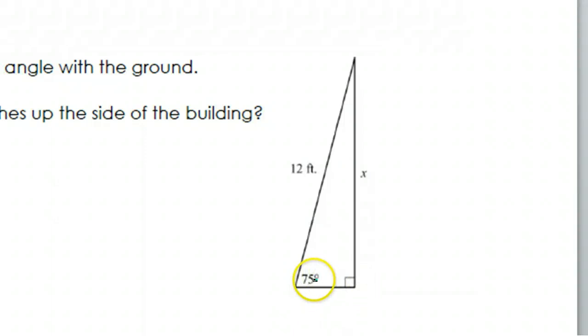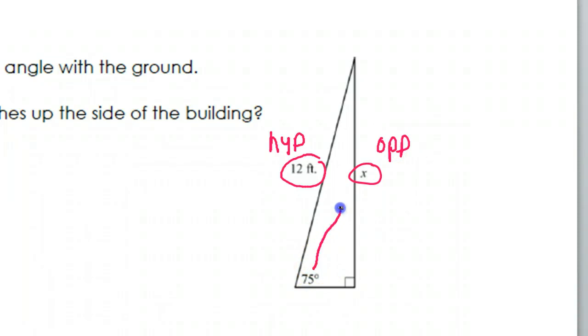Now, if we were just solving this, forget about the choices for a second. Looking at the two things that were given, the one thing that we're given is the hypotenuse, and then the thing that we are looking for is the opposite leg, from the perspective of this angle.